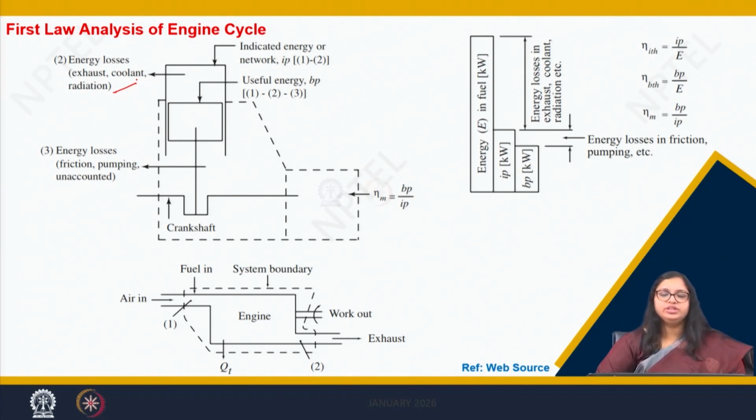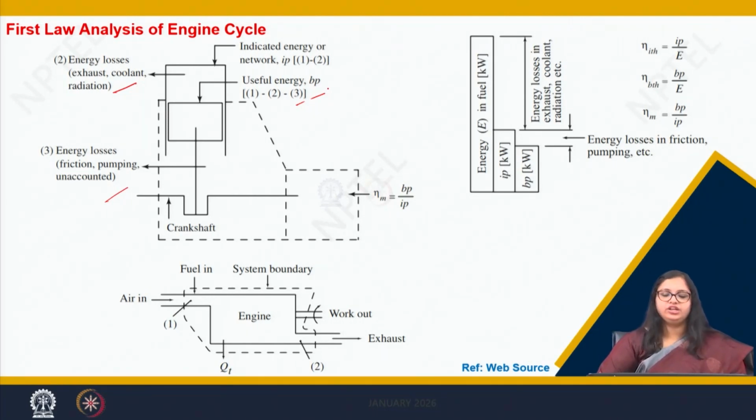Now while the combustion takes place, there are also some other losses due to friction, pumping, or certain unaccounted losses as well. If we subtract that from the indicated energy, we get the net energy, which we call the brake power, which helps in the mechanical work and is stored in the flywheel.